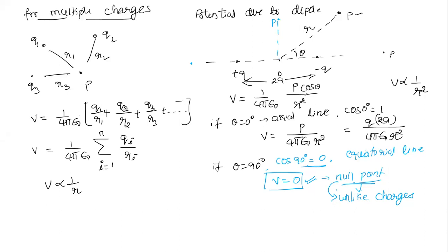If both are positive, without any calculation, directly you can say that the potential is not 0 anywhere for like charges, if both are positive or both are negative. The null point exists only in the case of unlike charges, in between them and outside them, and always near to the smaller charge in magnitude.